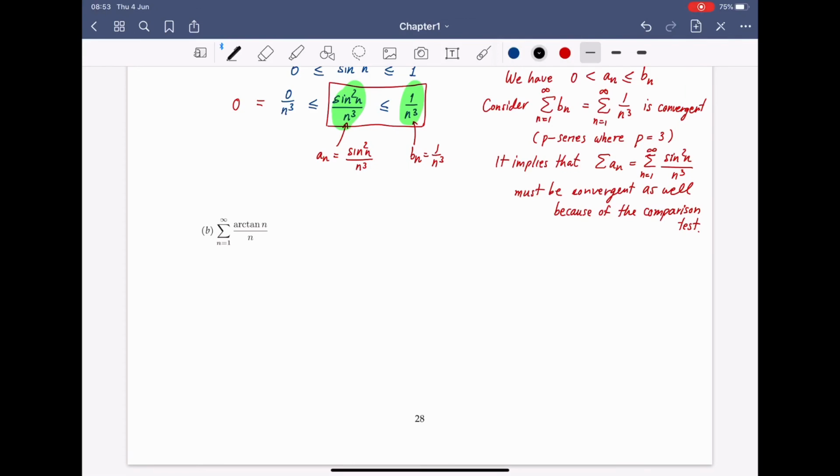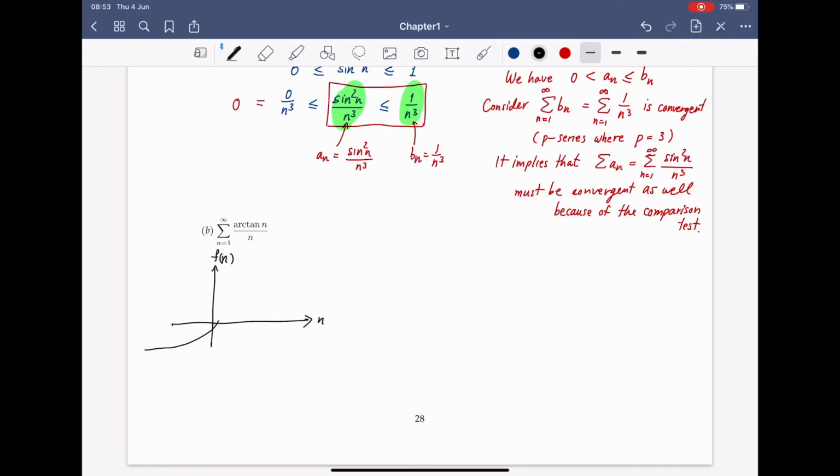So we need an inequality for arctan, right? That is the thing. So let's look at the graph of arctan first. If you have n here, and then you have f(n) here, the graph of arctan is going to be like this.